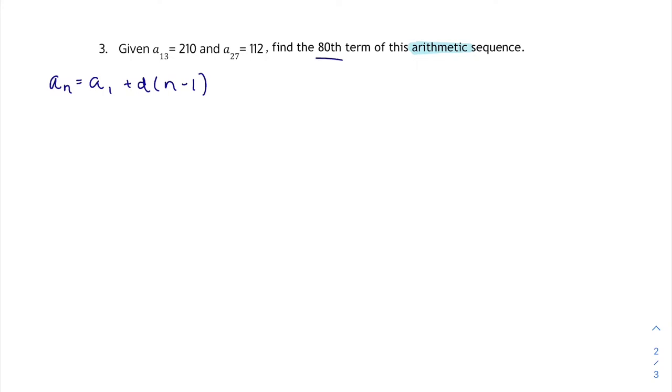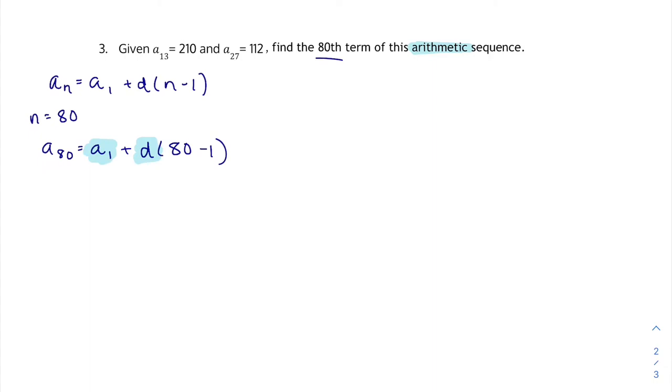So this is asking for the 80th term. That means it's when n equals 80, right? So at the end of this, eventually, we are going to need to solve this, right? We plug 80 in for n and we find the 80th term. But to do that, we need both A1 and D, neither of which we have.